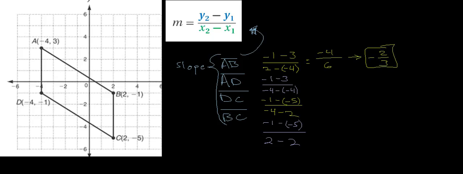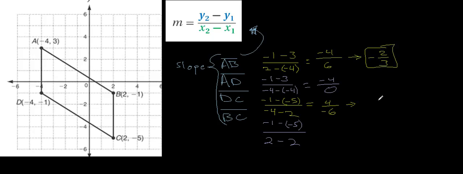Now I'm going to change colors again. Negative 1 minus 3 here, well, you already know that's going to be negative 4. And now 4 minus negative 4, that's negative 4 plus 4, so that gives me 0. That's interesting. Well, negative 1 plus 5 is going to give me positive 4 over negative 4 minus 2, which gives me negative 6.